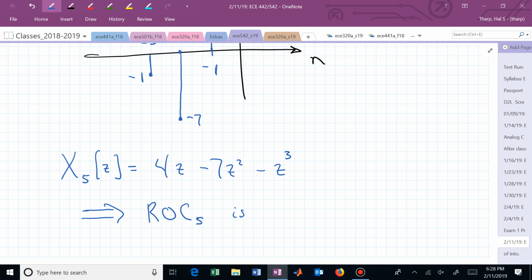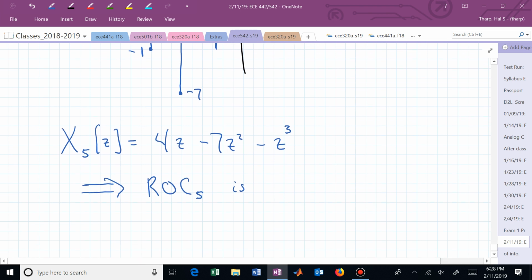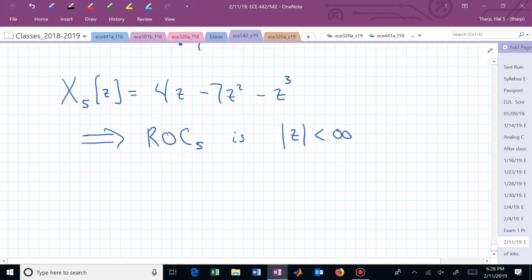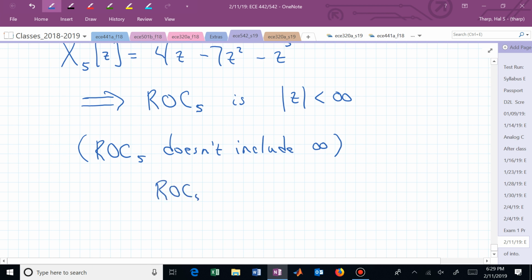If z goes off to infinity. So now we have to say that the region of convergence for this sequence has to be the z-plane except z cannot go off to infinity. So the magnitude of z is less than infinity, or region of convergence 5 doesn't include infinity. Or region of convergence 5 remains bounded.